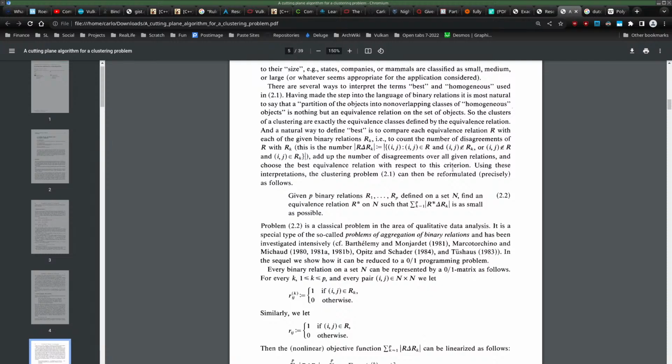Poo-poo. What the hell does this mean? B-binary relations.